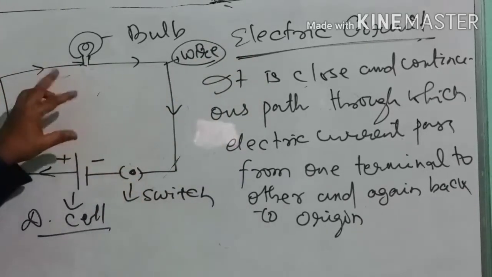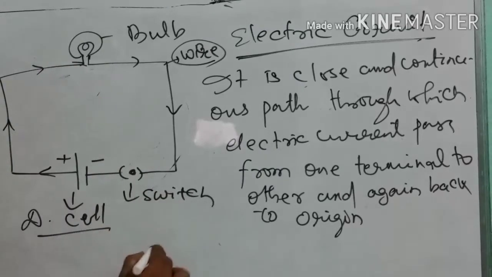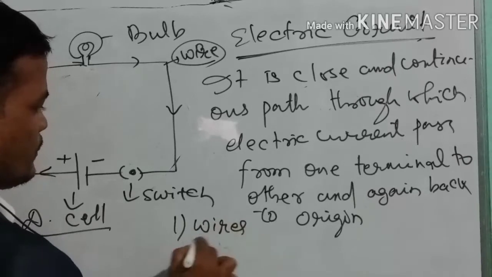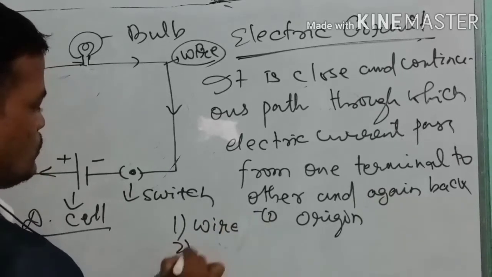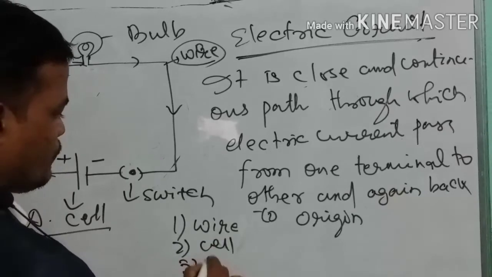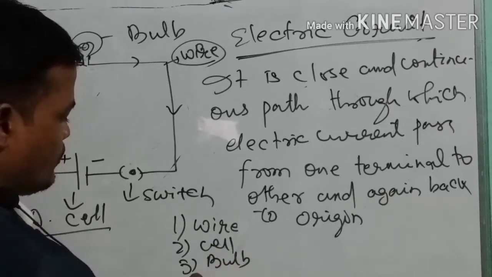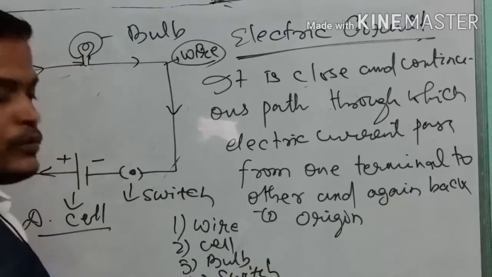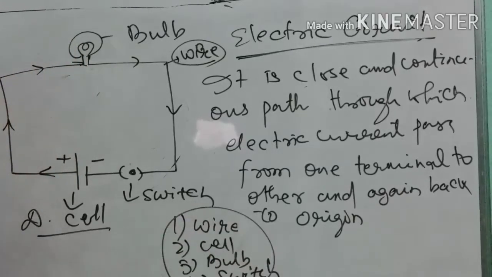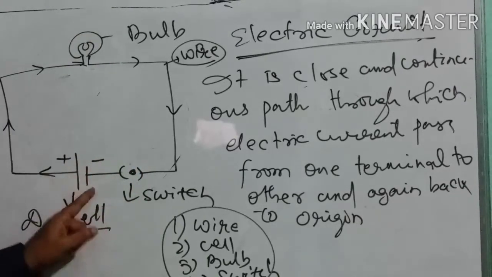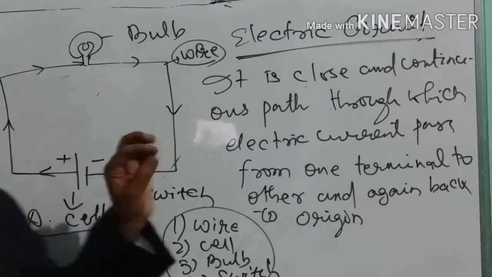So these are the four important parts. Number one, wires. Number two, cell. Number three, bulb. Number four, switch. So these four: bulb, wire, switch, cell, dry cell or battery, are the requirements for making a simple circuit.